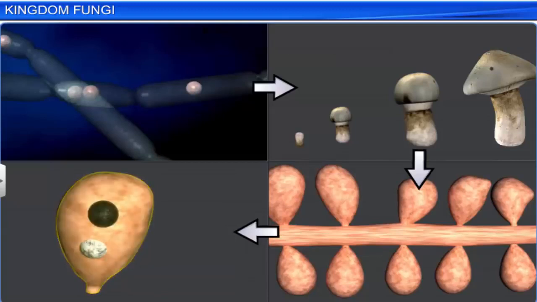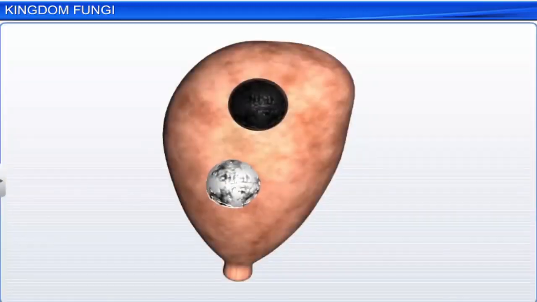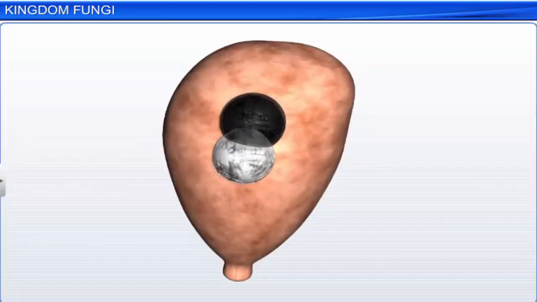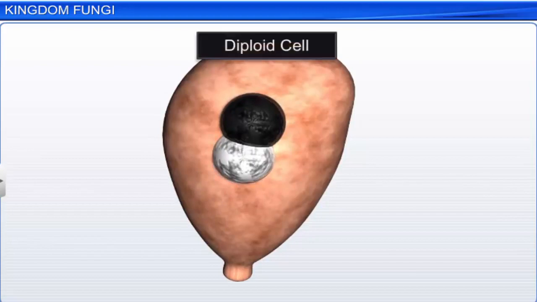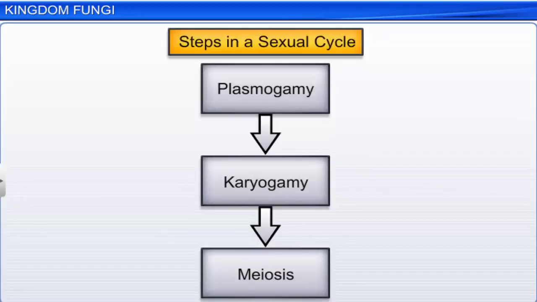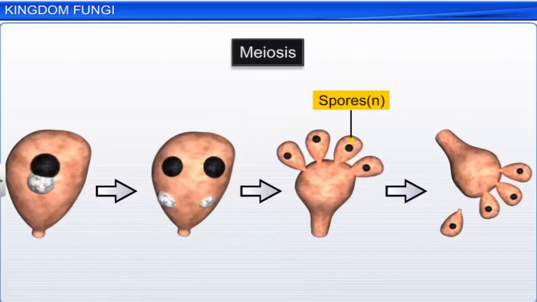This condition of two nuclei per cell is called dikaryon, and the phase is called dikaryophase. Later, the parental nuclei fuse to make a diploid cell. The third stage involves reduction division, that is, meiosis, to form haploid spores. Meiosis occurs in the fruiting bodies of fungi.